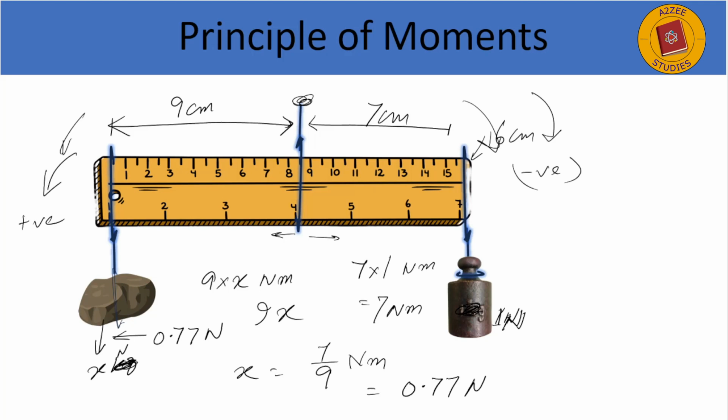When we do sums on it, we will be doing both with force and with kg or weight, so it will become clear how we can interchange between weight and force. But here, since we are just developing the concept, we will take Newton. Okay, so this will be 0.77 Newton. We can calculate it this way. So let's move on.